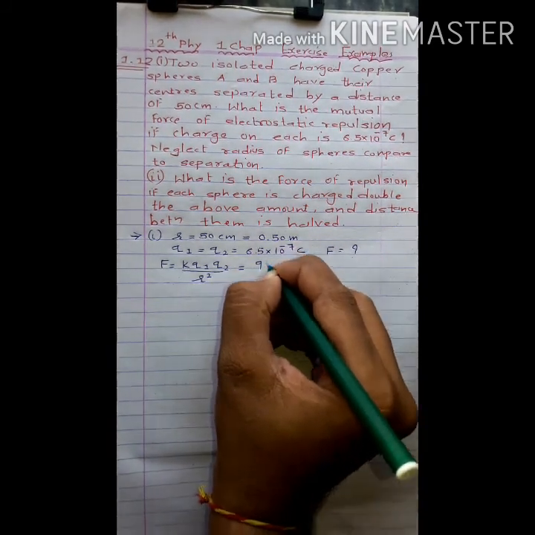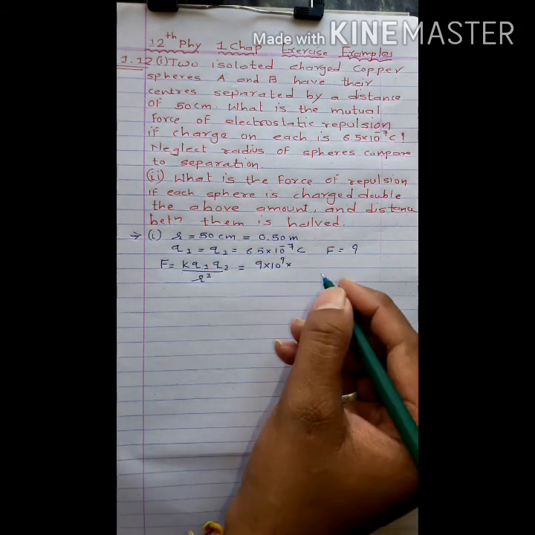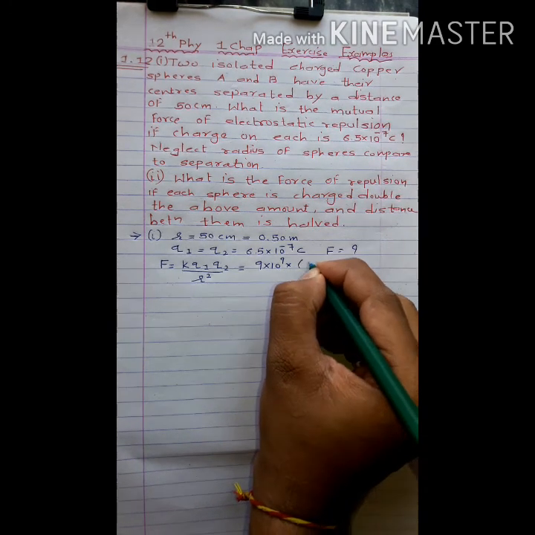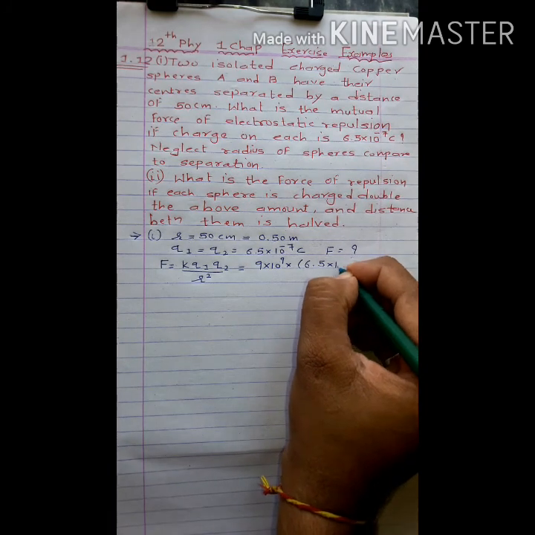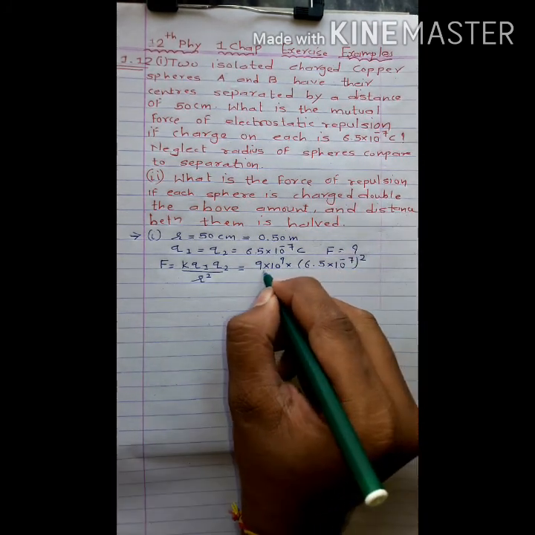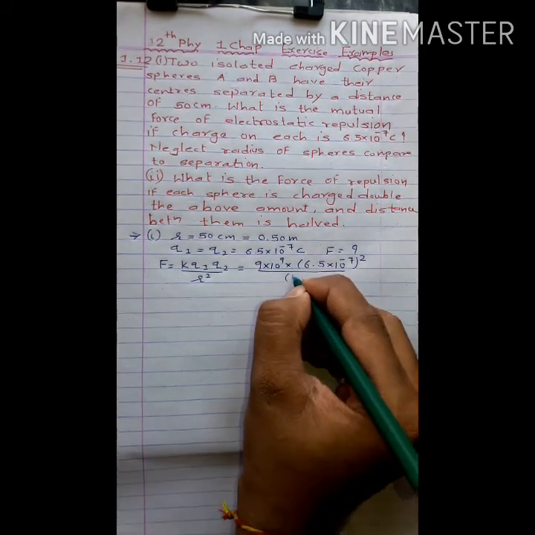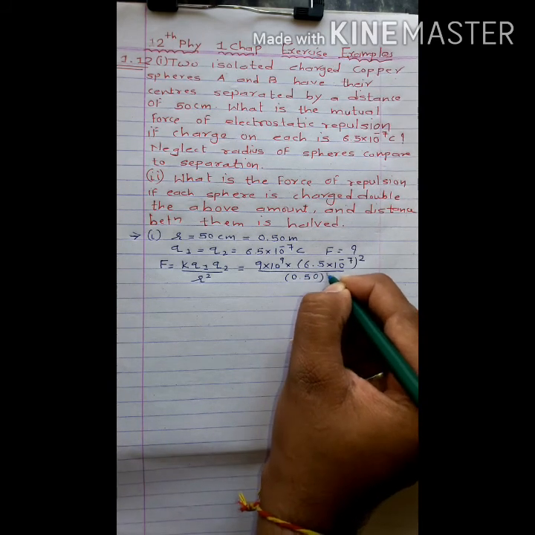K, Coulomb constant, is 9 into 10 to the power 9. q1 and q2 both are equal, the charge on both spheres is equal. So here we can simply write (6.5 into 10 to the power minus 7) whole square divided by distance square. Distance means (0.50) whole square.